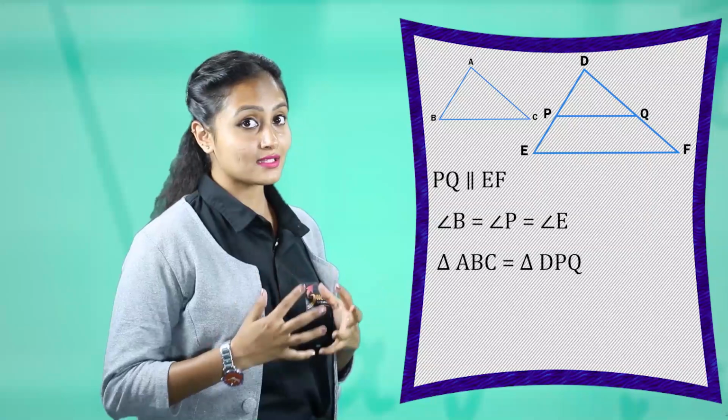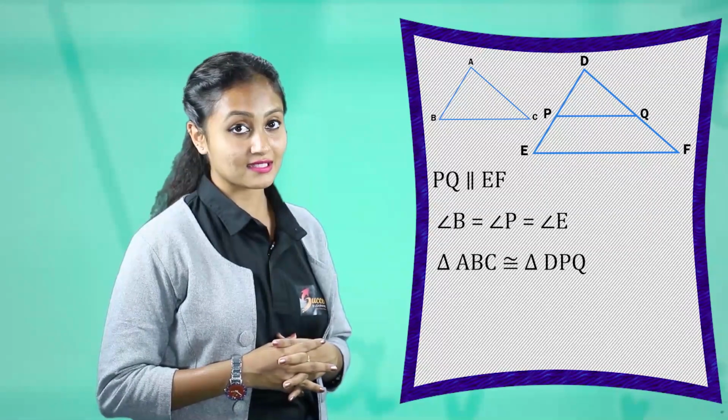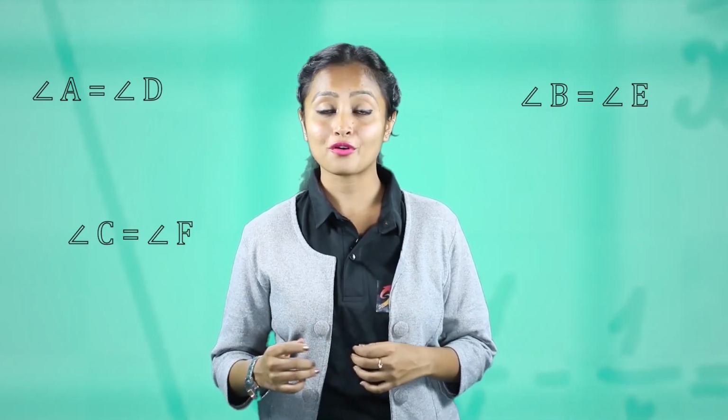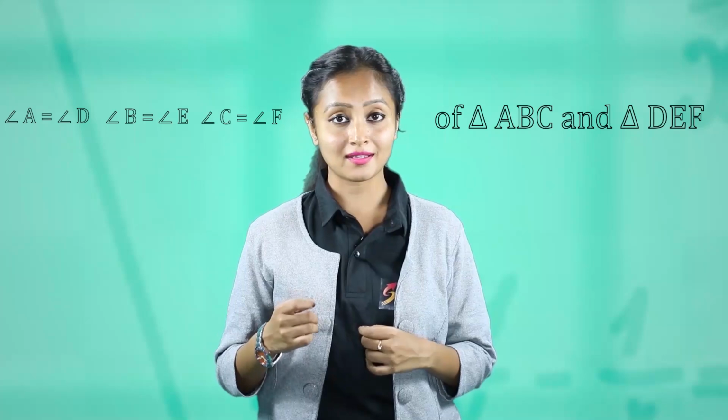So we call these two triangles similar triangles. Angle A is equal to angle D, angle B is equal to angle E, and angle C is equal to angle F of triangle ABC and triangle DEF.